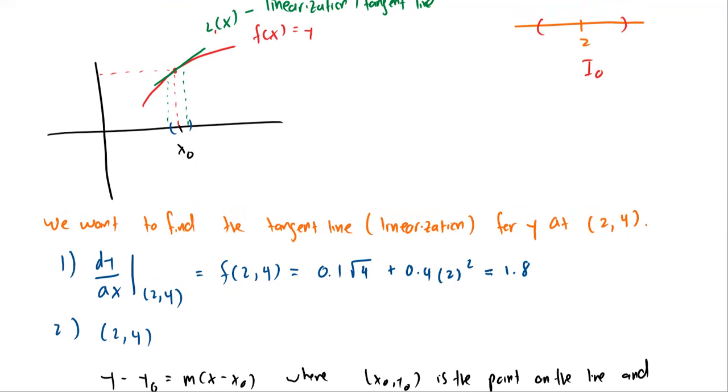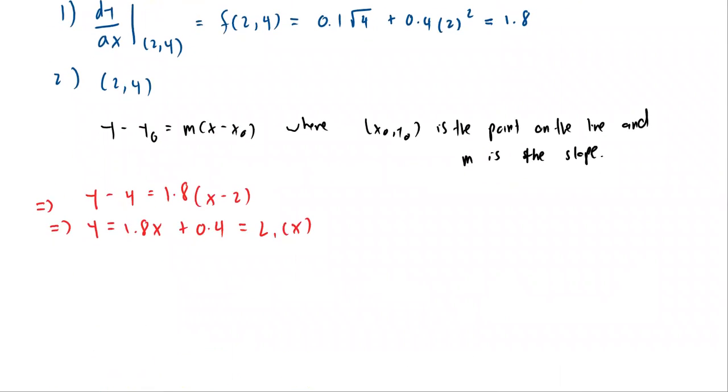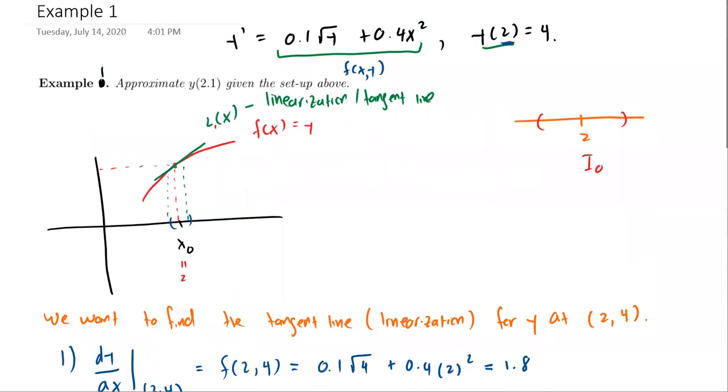Again, L1 is not exactly the function f, but really close to x naught, which for our purposes is x equals 2, this is a good approximation, which means that we can approximate y of 2.1 as approximately L1 of 2.1. And again, the explanation is this picture here. For x values really close to 2, our linearization should be an accurate enough approximation of the function.